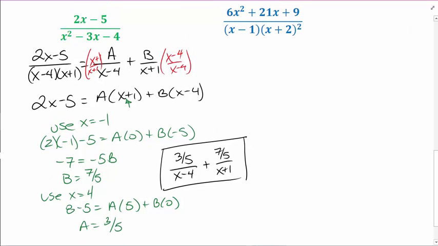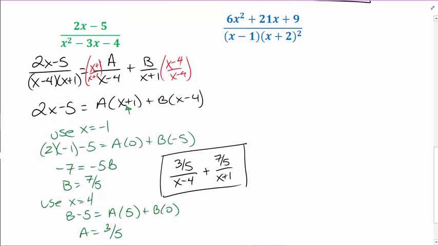The final problem we're going to do here conveniently comes with a factored denominator. However, we see three factors. We have an x minus 1, an x plus 2, and an x plus 2. Something I briefed over earlier was that we need a over x minus 1 plus b over x plus 2, but we also are going to need a third term here of x plus 2, that quantity squared.